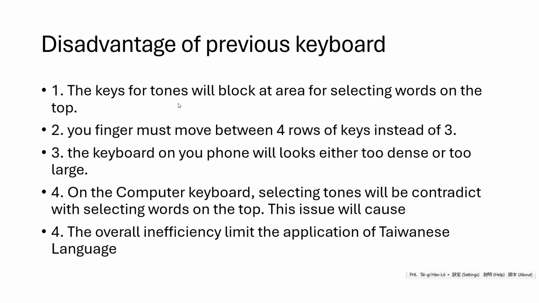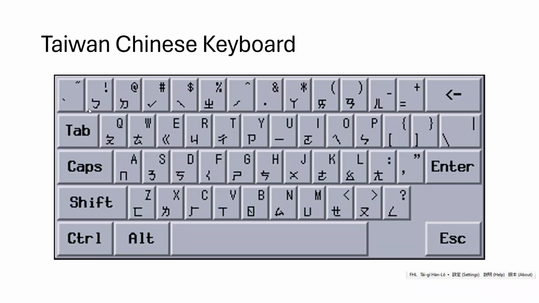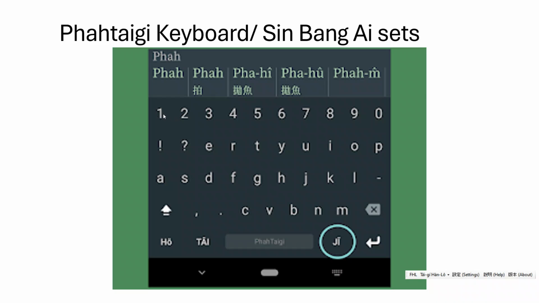So this is one disadvantage of the previous keyboard. The keys for tones will block the area for selecting words on the top. For example, on the phone, you don't have this issue because on the phone you can add one more row for selecting the word.